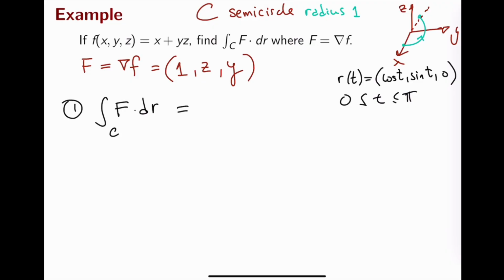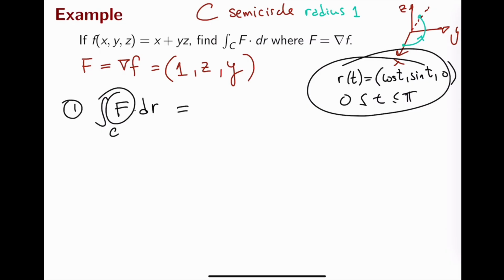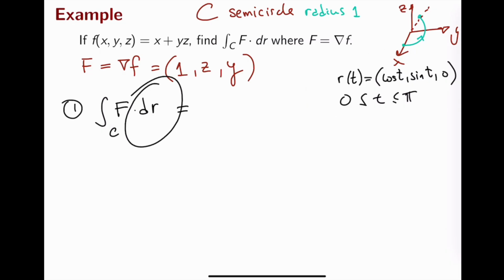Okay, so in order to calculate the integral by the previous method, I mean just by the definition, we are going to need to evaluate the vector field at the parametrization of the curve, and also we need to calculate the derivative of the curve. The derivative will be minus sine t, the derivative of sine is cosine, and the derivative of 0 is 0.